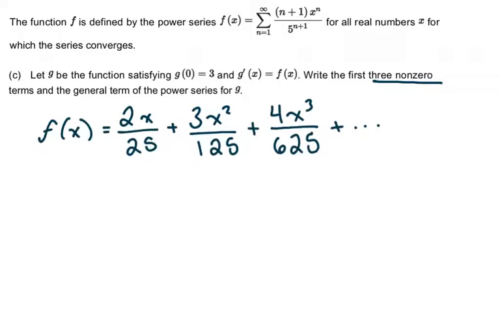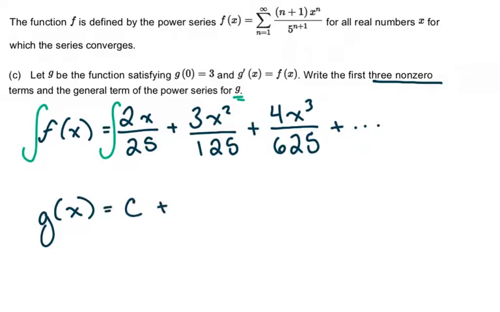So if that's f of x, if I want to find g here, this is g, the first derivative. So if I want to find g, I take the integral of both sides. So then g of x is equal to, I'm going to put the constant out in front because this is an infinite series, and then 2/25 x squared over 2, because we're just doing a polynomial here.